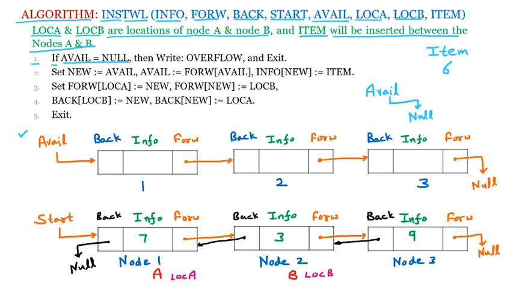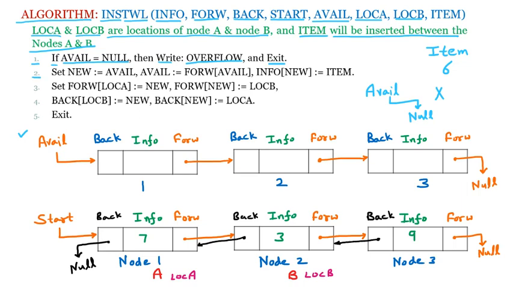If no memory space is available, we will write overflow. Overflow means all the space is filled, we cannot work, so exit. That is the first case, but this is not the case because we already have the avail list which contains 3 nodes. Now we have 3 spaces.